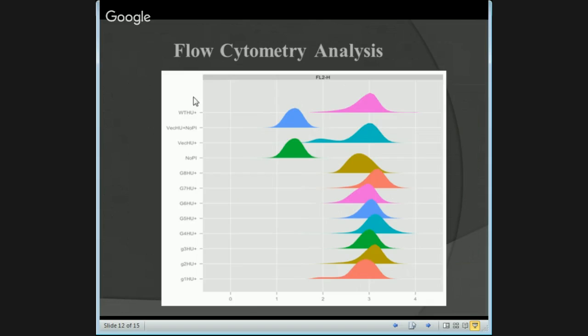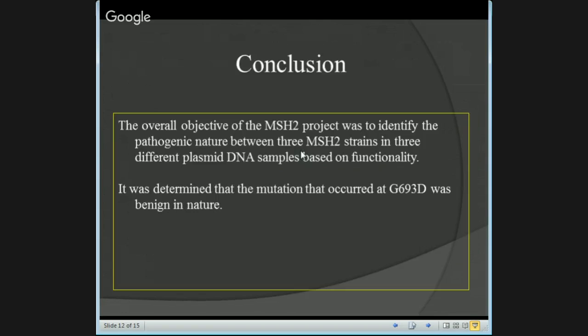So as you can see, the VEC-HU and the NLPL are not in the same category, and the VEC-HU is also shifting over this way. So we were able to differentiate and talk in class about why this was the way it was.